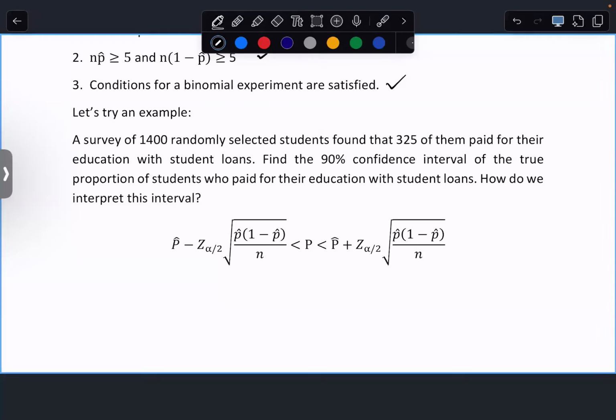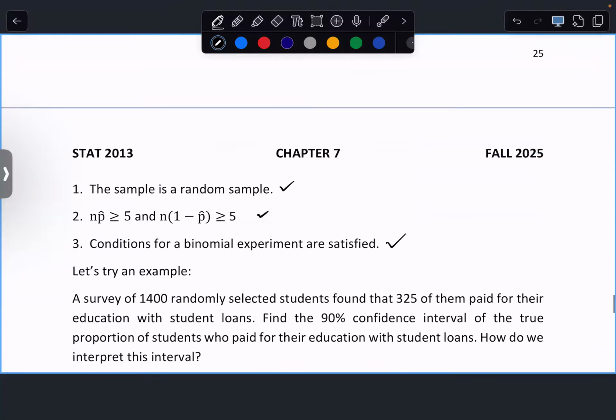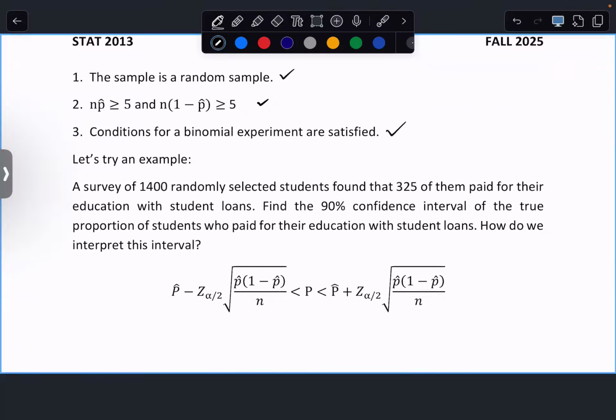So let's take our first example, unless you have a question. Let me just repeat what we are doing.